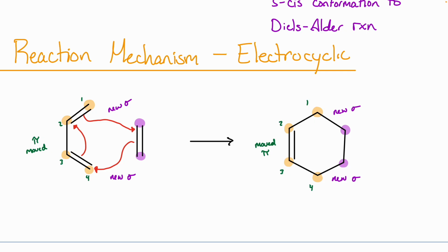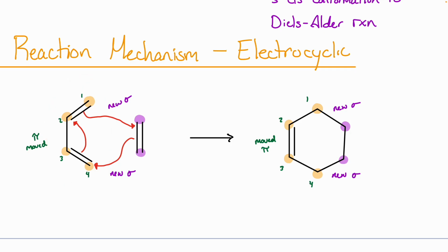We're going to make this more complicated by looking at uglier dienes and uglier dienophiles, but you always get this six-membered ring that's formed here, where you have two new sigma bonds and one moved pi bond. Okay? Your pi bond will always, if you do your numbering of your carbons about that diene, have moved between carbons 2 and 3.